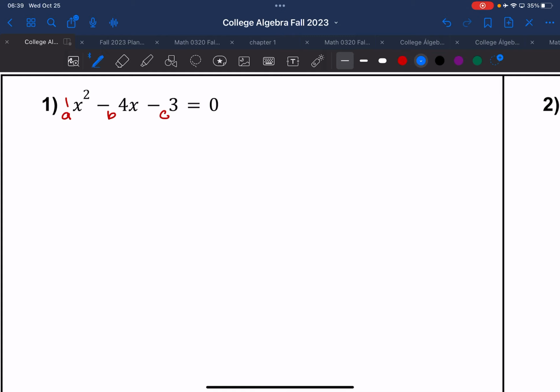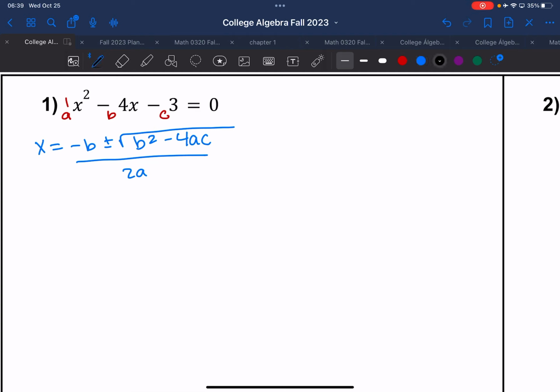Okay. So writing the quadratic formula, I'm just going to write it out real quick. I'm going to plug in all of my a, b, and c in order to solve for x. And when I solve for x, what I'm finding are the x-intercepts, the roots. Okay, so plugging in all my numbers, I have x is equal to negative b.